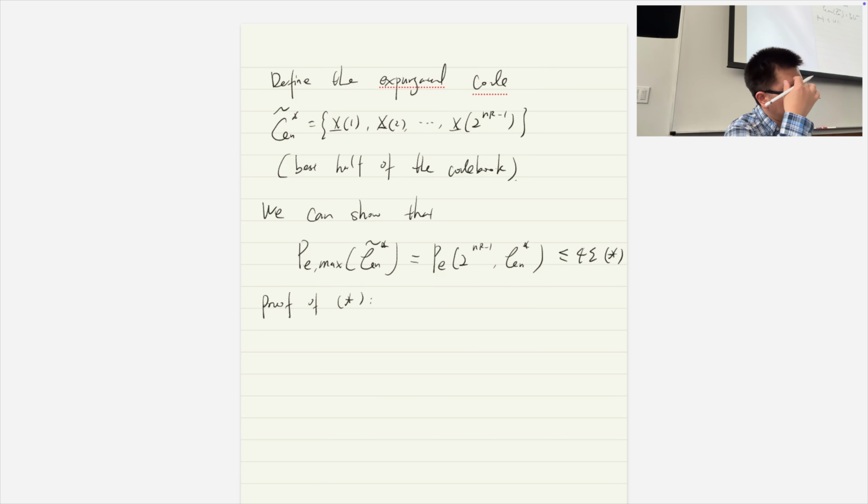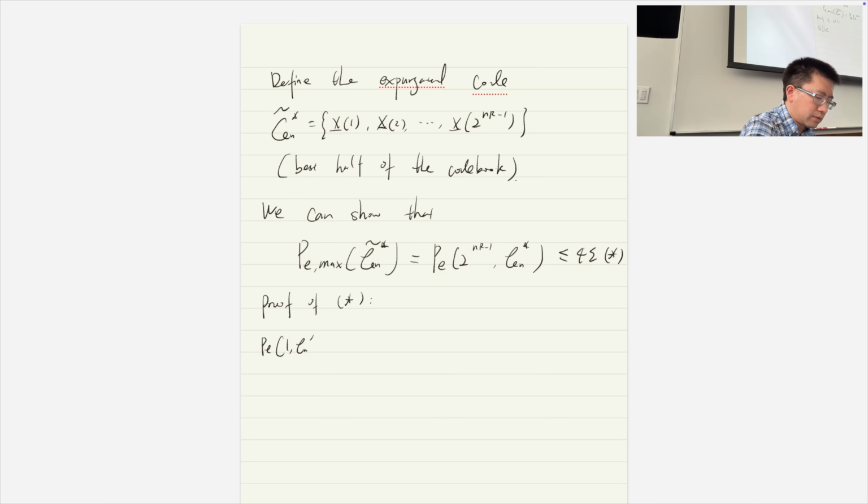So basically, we're going to prove it by contradiction. Now let's write down the Cn star first, and all the error probabilities of the Cn star.